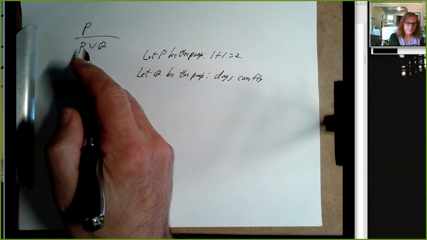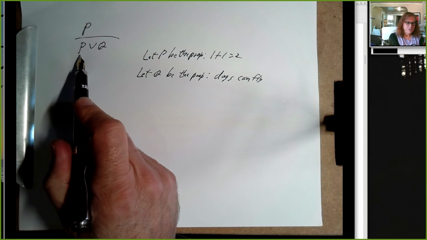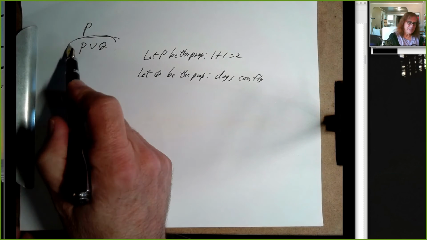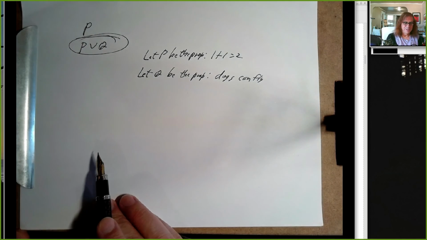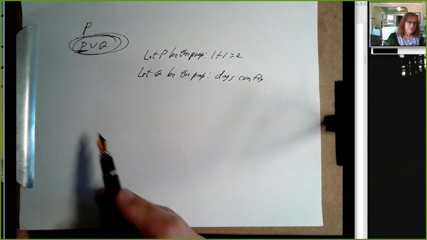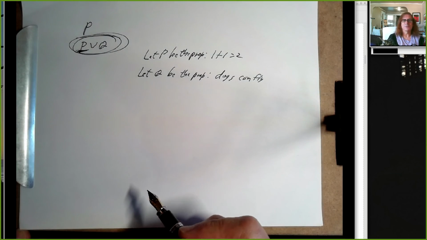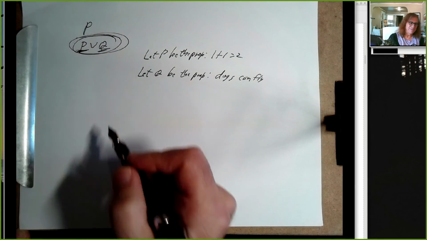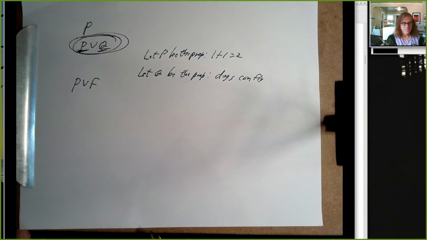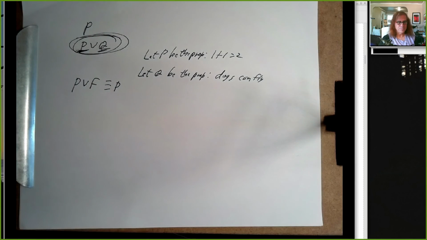This says if we know that 1 plus 1 equals 2, then we also know that 1 plus 1 equals 2 or dogs can fly. Well, this is a true statement, right? Regardless of what the value of Q is, we know that this is true because we know P is true. And as long as P is true, P or anything is also true, even if Q is absolutely false. In fact, P or false is true if P is true, because this is exactly the same thing as P.